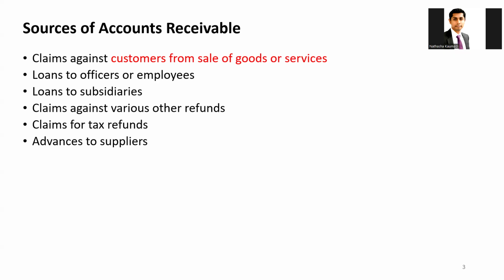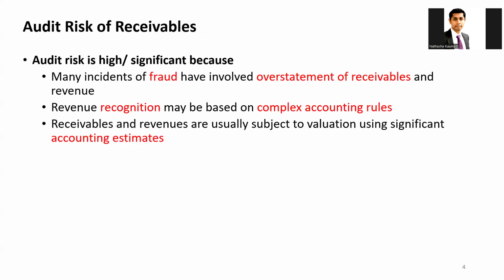So there can be receivables from different other parties. All are categorized as accounts receivables. So trade receivables is only one part of accounts receivable. And then why the audit risk is high when it comes to revenue and accounts receivable.